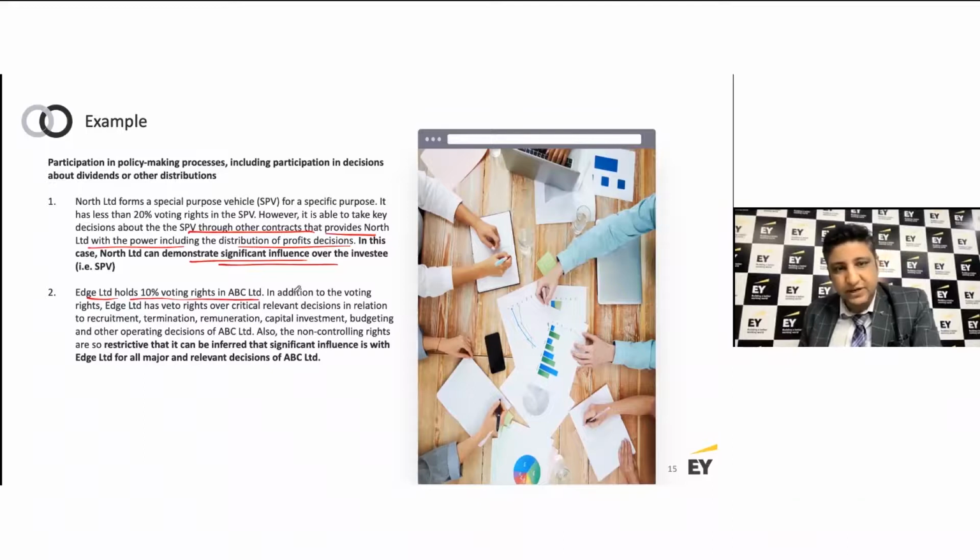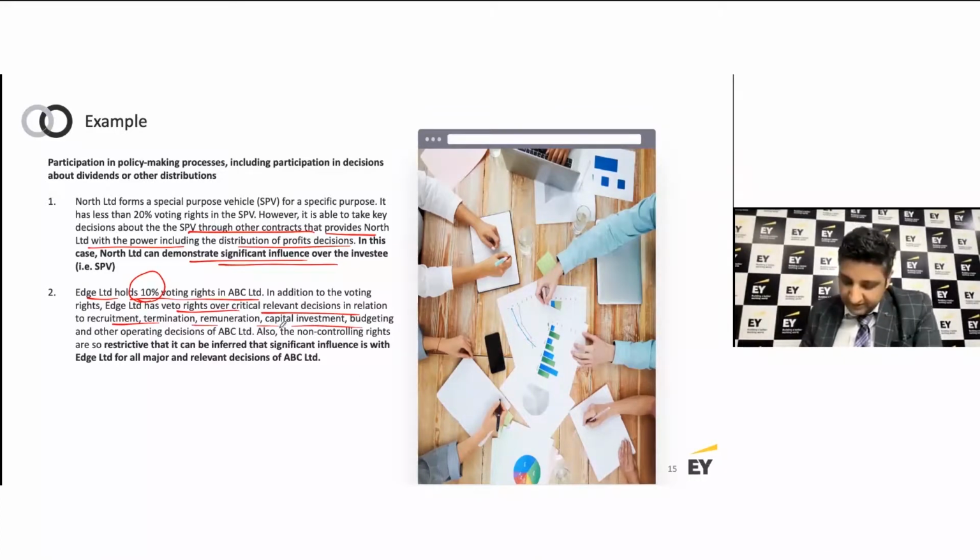Okay, so when you look at this scenario, there is merely 10% shareholding that you have got. As Edge Limited, you have less than 20% stake, so you cannot presume that significant influence exists, but you do have a say, or a final say, in all these areas.